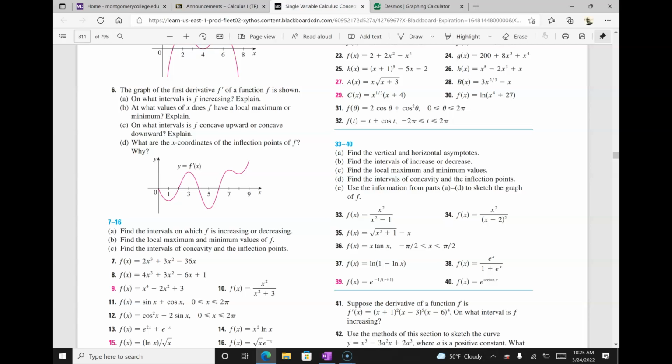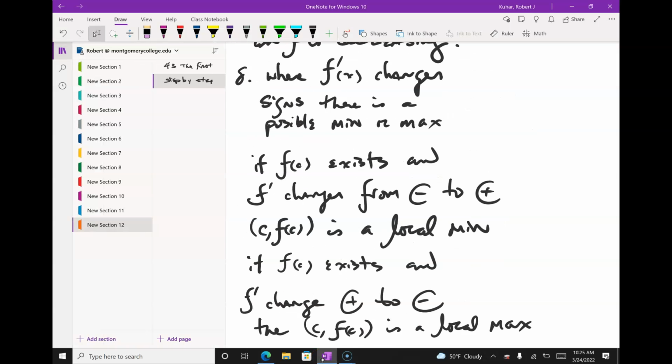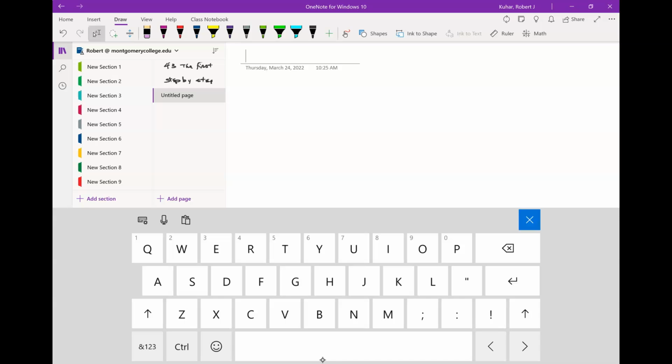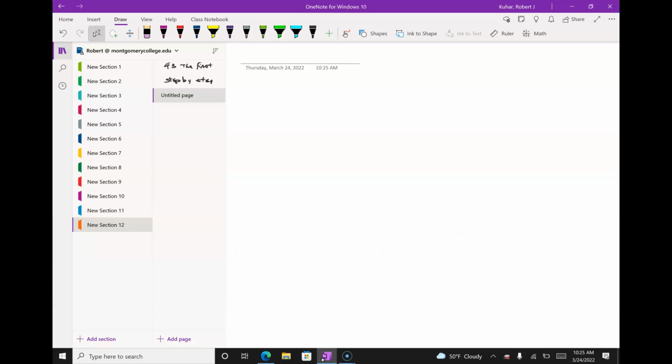33 and 37. Let's do the first derivative test, okay? You with me? So, this is 4.3 number 33, but only the first derivative test, right? Not doing everything they're asking me for. So f of x is x squared over x squared minus 1.